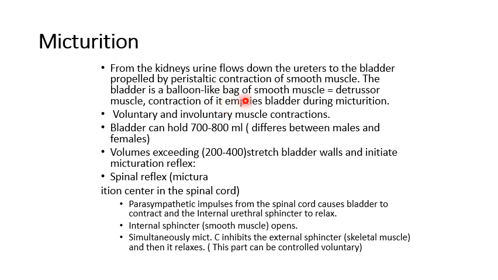The muscle that composes the wall of the urinary bladder is called the detrusor muscle. Contraction of this muscle empties the urinary bladder during the micturition reflex or the urination reflex.